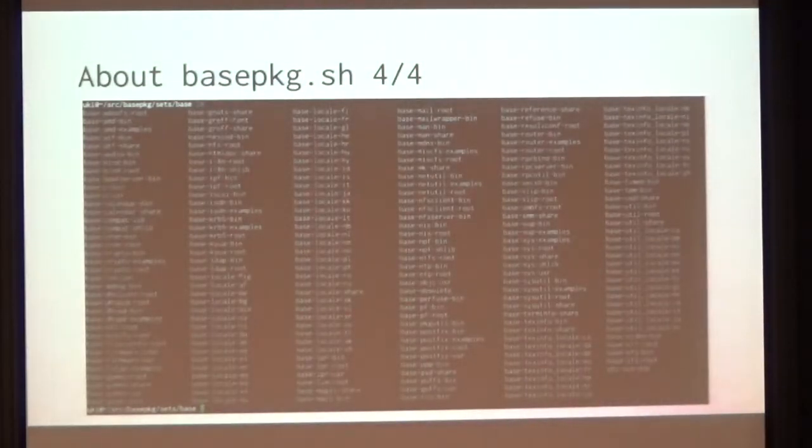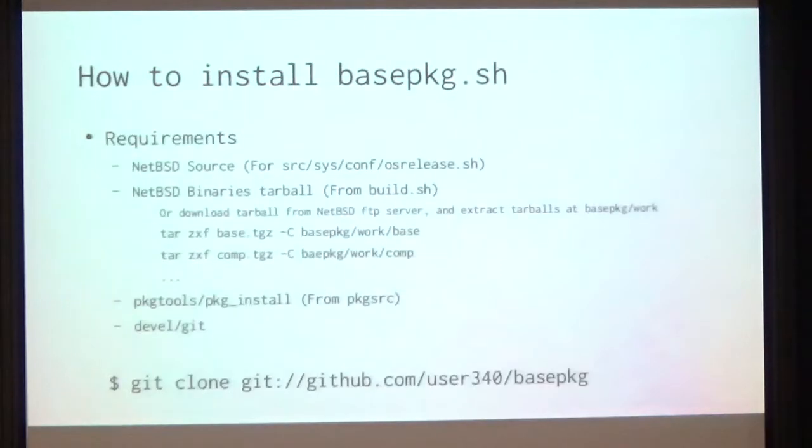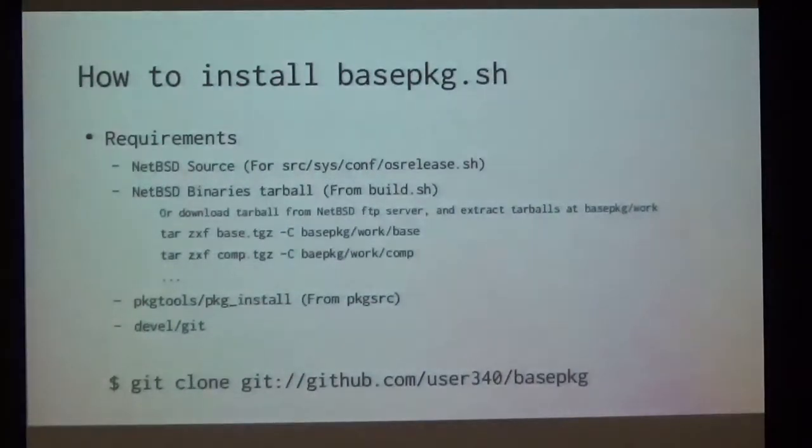A lot of directories. These directories are made by the basepkg.sh file, which puts package information into them, and then runs the package create command in each directory. I will talk about how to install basepkg.sh, which depends on the NetBSD source code and the NetBSD binaries per wall.